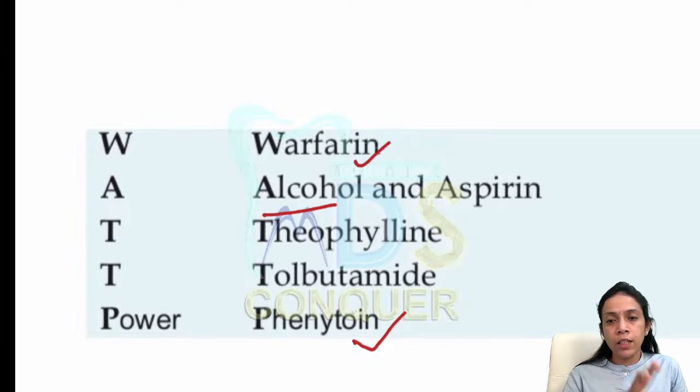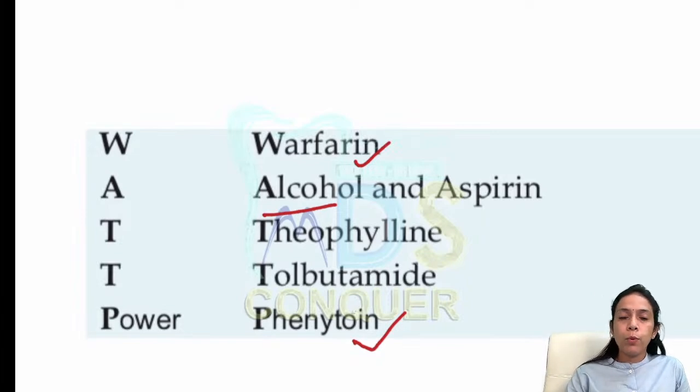Like, which order kinetics does warfarin follow? Zero order kinetics, a constant amount of drug is being eliminated, right? Questions like that will be asked. If they ask which of the following drugs has a constant amount eliminated in unit time, then you go for zero order kinetics, and all these are examples of that. So watt power: warfarin, alcohol and aspirin, theophylline, tolbutamide and phenytoin.